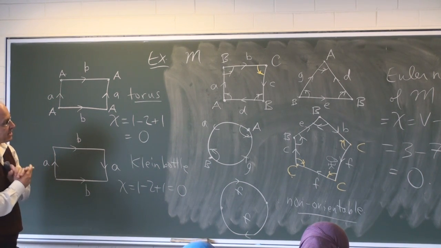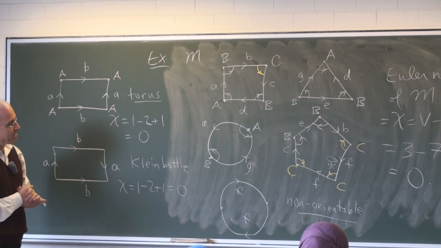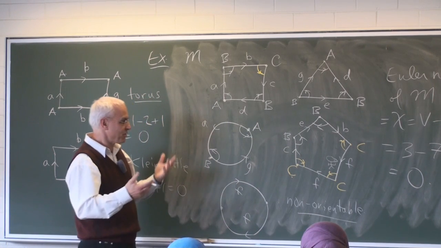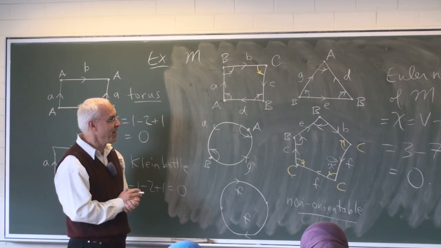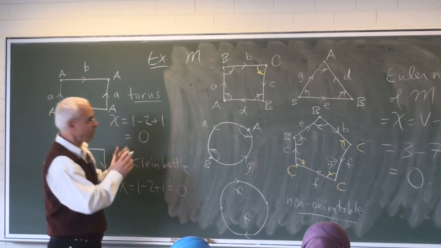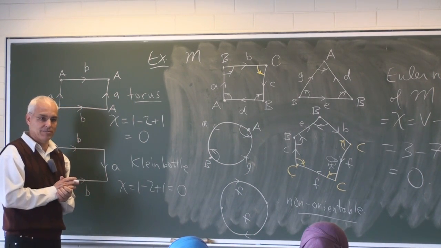Now, before I leave this example, let's observe that this combinatorial way of representing the surface, whatever it is, allows us a very efficient algebraic representation of what's going on.